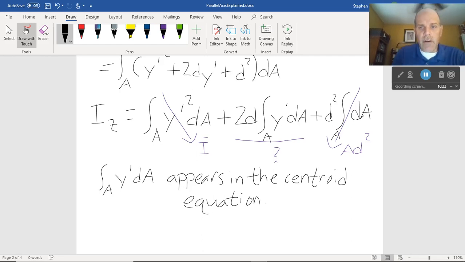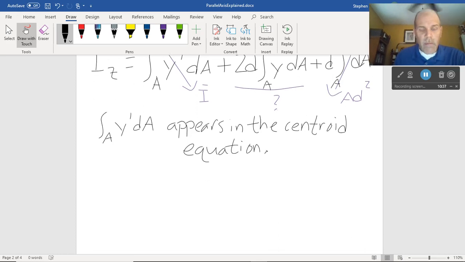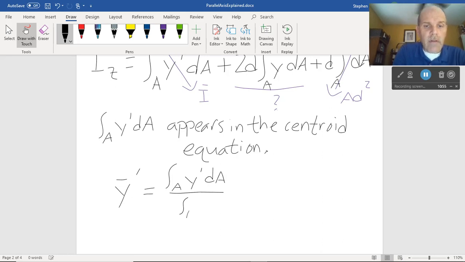Okay, so it appears in the centroid equation. Remember the definition of the centroid. If I can say y bar prime, the centroid location in the y prime direction, is equal to the integral over the area of y prime dA divided by integral over the area of dA.